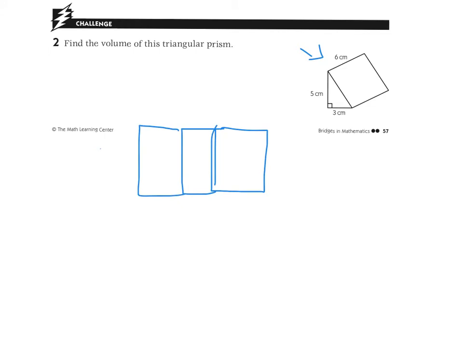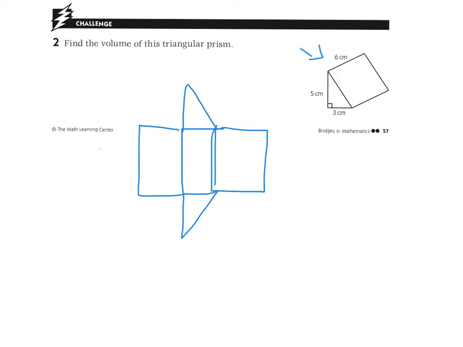Coming off of that, we have a triangle on one side and an identical triangle on the back. So now that we have this shape flattened down, we can go through and put these dimensions in to find the pieces of the puzzle to find the surface area.